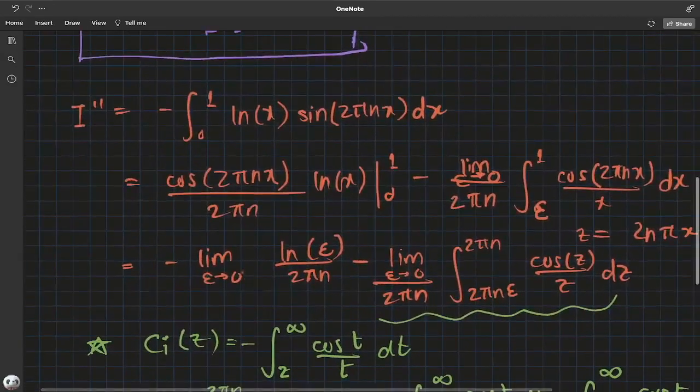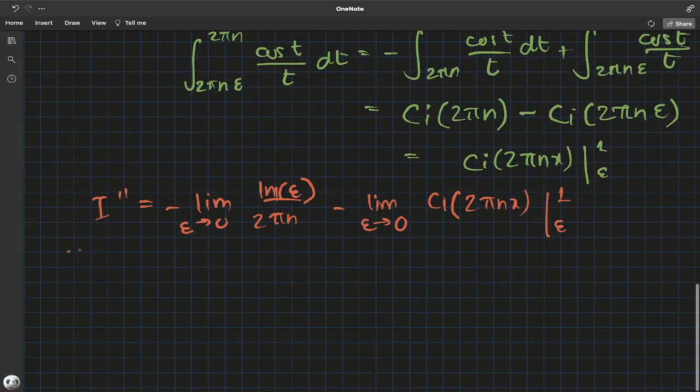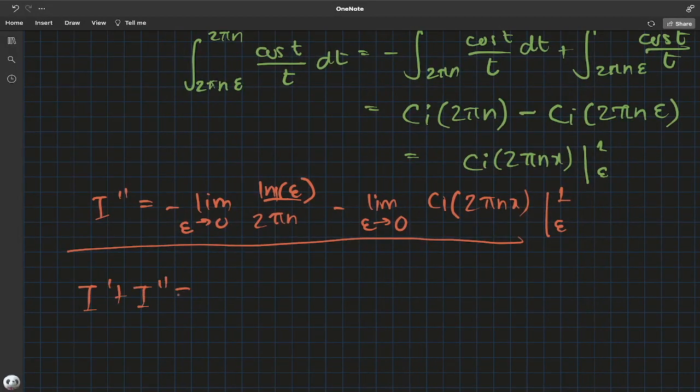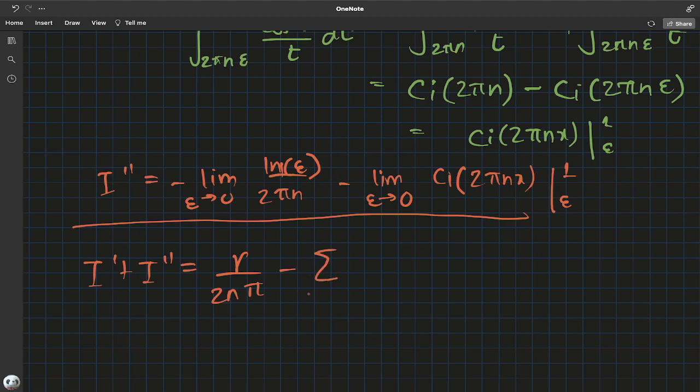Time to combine these things. Time to combine I double prime and I prime. So if I just do that, notice what's going to happen. We're going to have this, and then of course this.